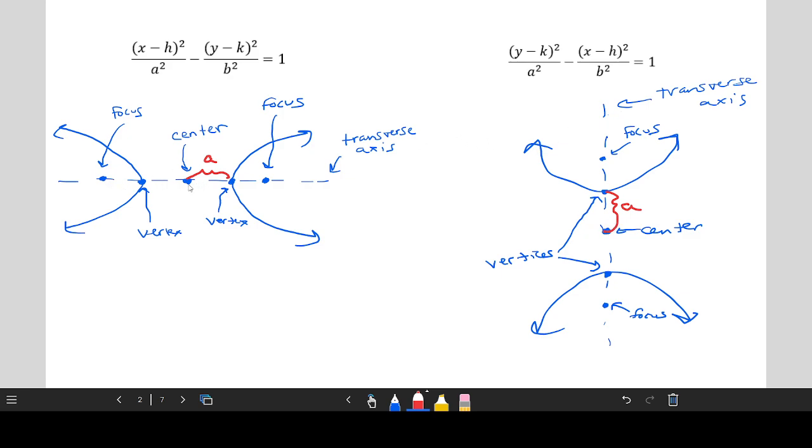And then the distance from the center to a focus is a value C, which we don't see in the equation. But we'll talk about where C comes from in a moment.